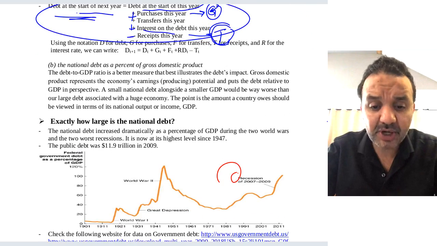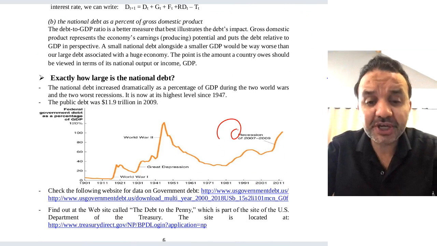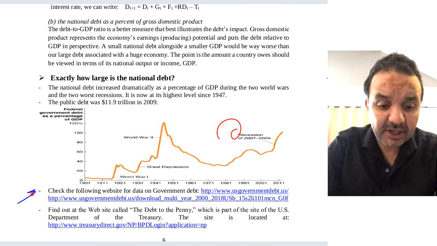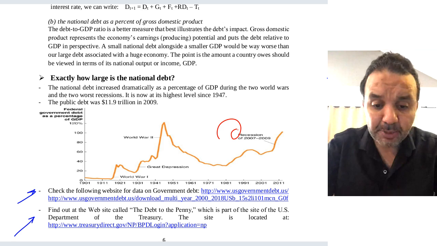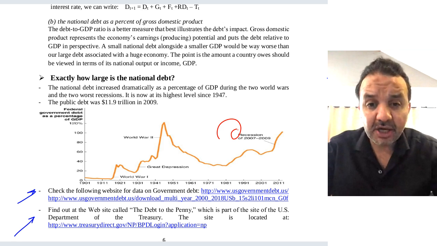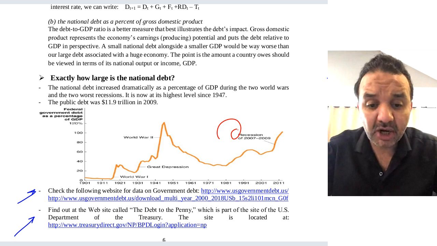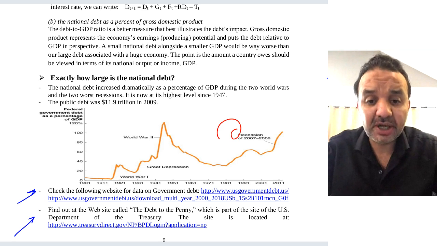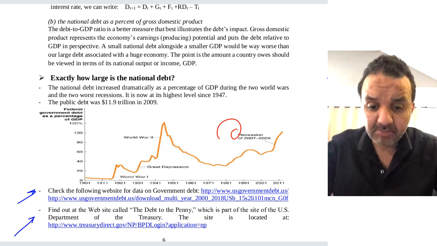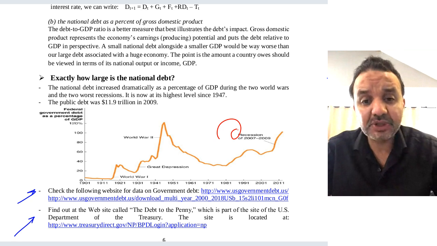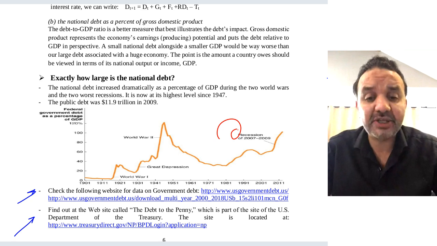Now the next question is, how large is the national debt? You can see here that I included a couple of links. You can click on any of these links and you will find how much the most recent national debt is. But you can simply look at the national debt from the graph here, and you will also see that there's always a positive relation between the debt and the recession.